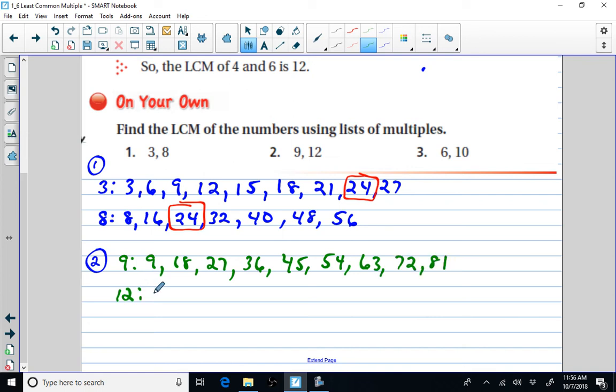And for 12, we have 12 times 1 is 12, 24, 36, 48, 60, 72. Least common multiple: start with the larger number. I don't see a 12, I don't see a 24, but I do see 36. So that's going to be my least common multiple.